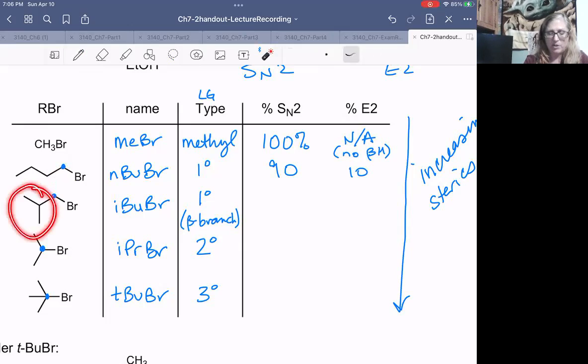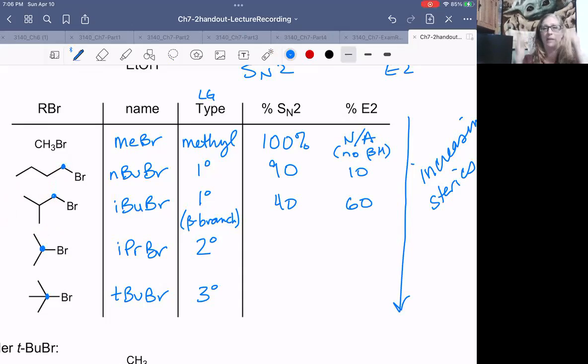But as soon as we make that a bulky group and increase the sterics, all of a sudden it's almost 50-50 and even favoring the elimination. Super sensitive to sterics. That really starts to slow down the Sn2, and if you're slowing down the Sn2, then the E2 takes over. And when we jump to secondary, it goes all the way to the other direction, 20-80. So E2 is favored.